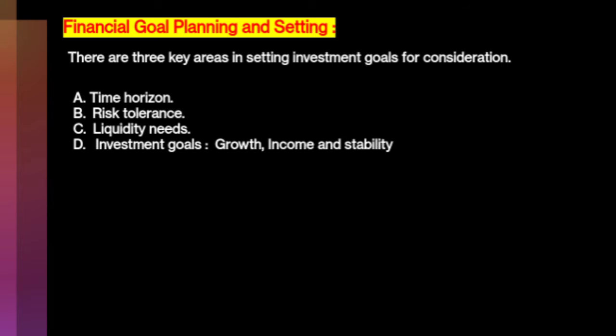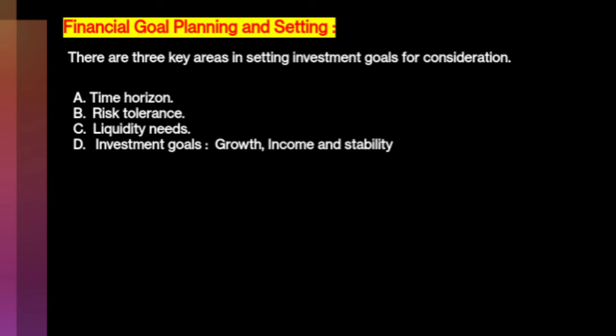Next is investment cost, growth, income, and stability. Once you determine the financial goals and how time horizon, risk tolerance, and liquidity needs affect them, it is time to think about how investments may help achieve those goals. In terms of investment goals, number 1, growth, also known as capital appreciation, is an increase in the value of an investment.